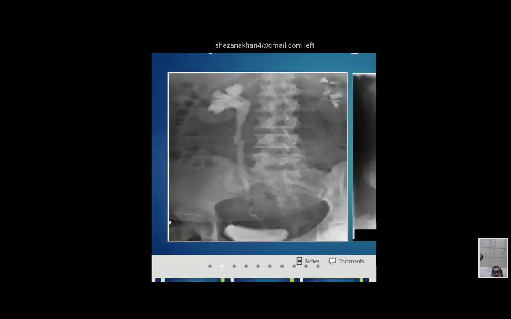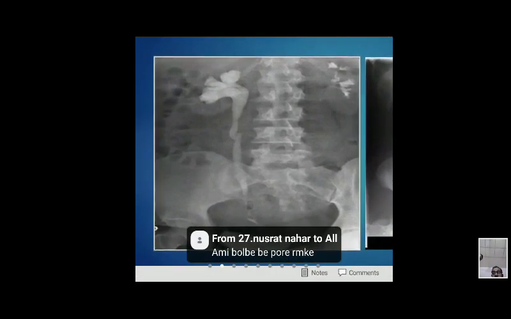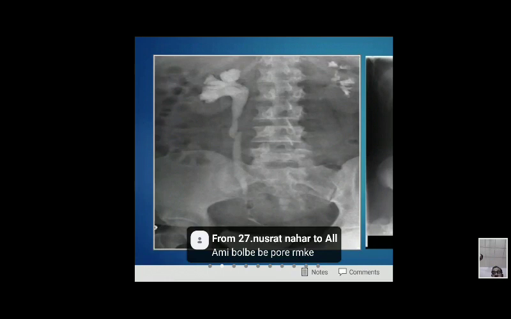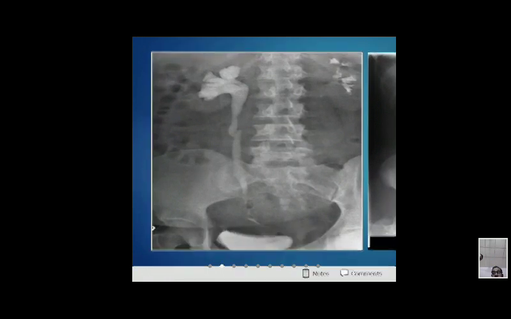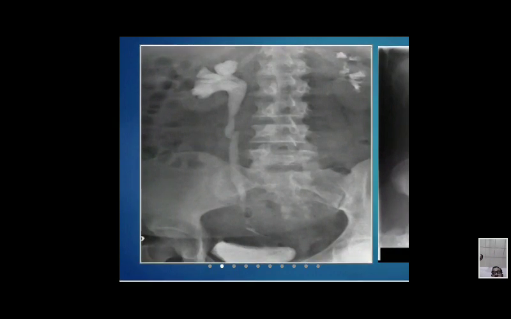What is the X-ray and what are the findings?